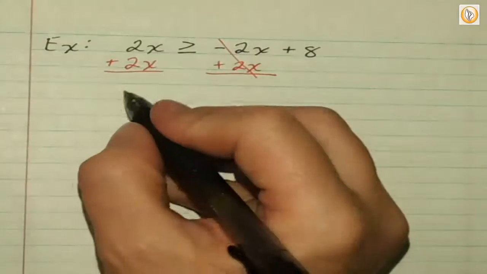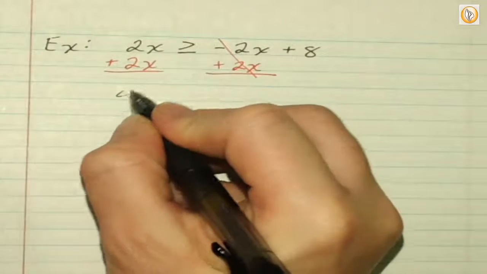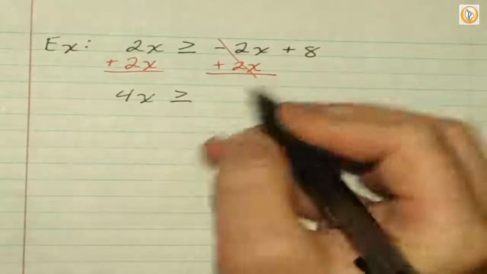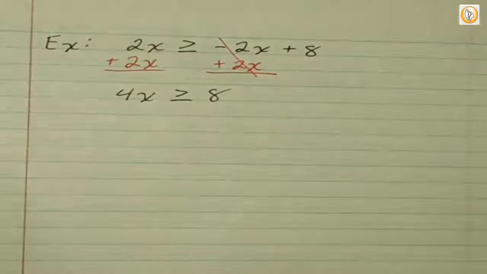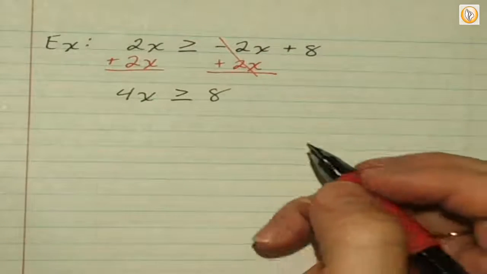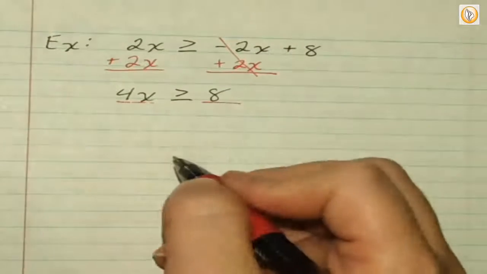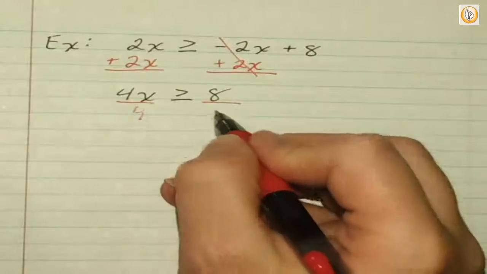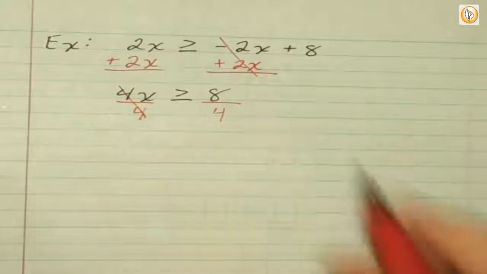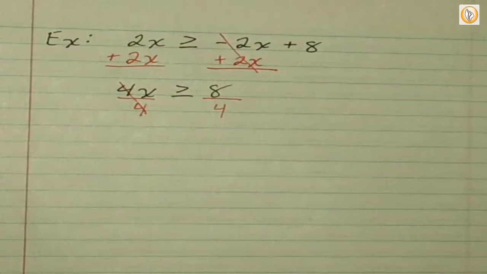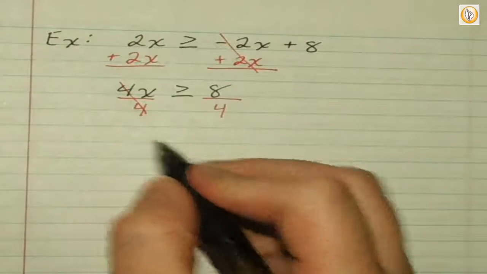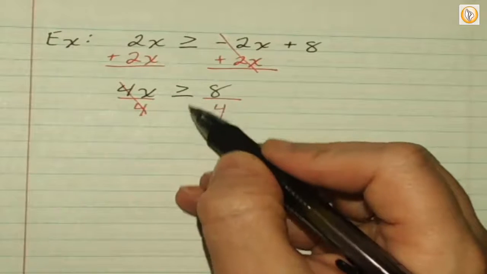So what do I get now? 4x is greater than or equal to 8. What do I do now, Emily? Dividing by 4, because we want to get rid of just the 4 this time and leave the x behind. And now, do I need to flip my inequality?